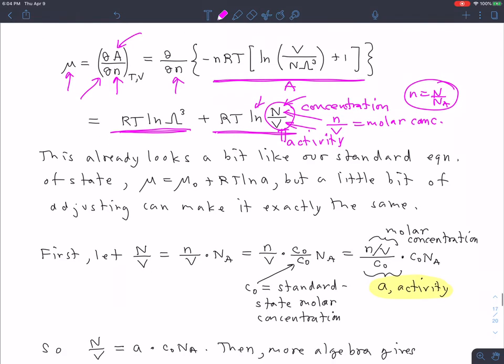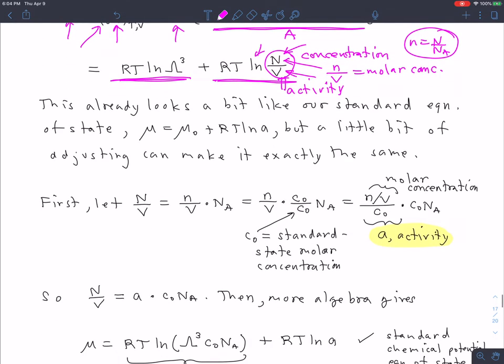We can do a little bit more work and make it turn into exactly activity. To do that, we take this quantity N over V, which is the molecule density, actually. We write it as n moles times Avogadro's number divided by V, and then we insert a 1.